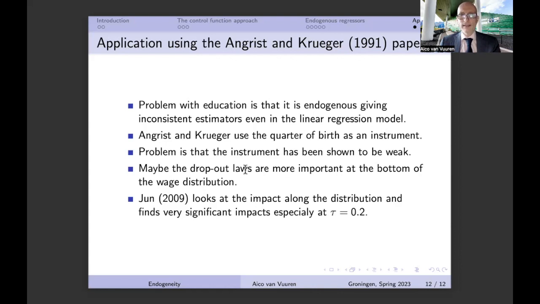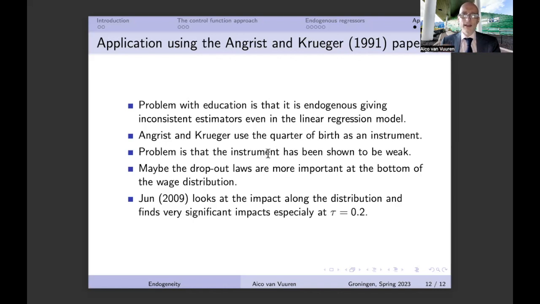And the reason behind that is that you should realize that dropping out of high school, even in the say 60s and 70s, where Angrist and Krueger are looking at, meant that you are really at the bottom of the educational distribution. You're really at the bottom of the people that are low educated.